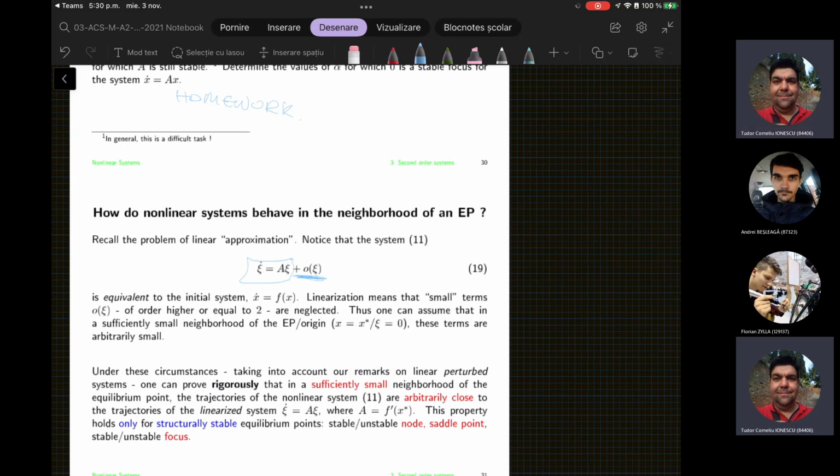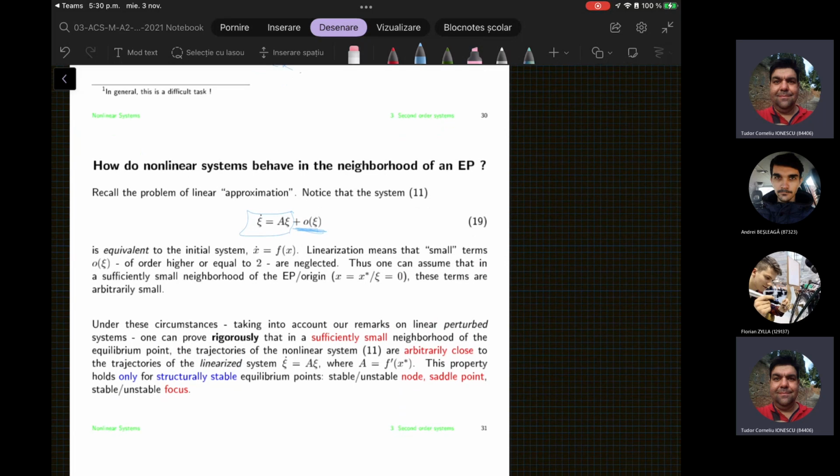Okay, so linearization means that small terms O of xi of order higher than 2 usually are neglected because the variations are very, very small. Hence, one can assume that in a sufficiently small neighborhood of the equilibrium point or the origin, these terms are arbitrarily small. Okay.